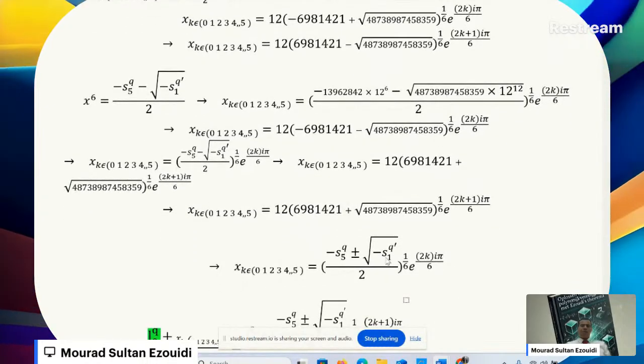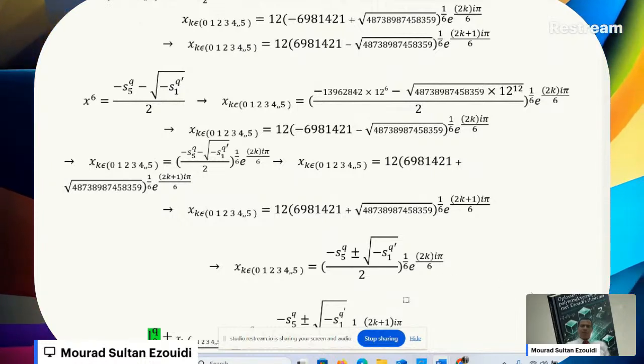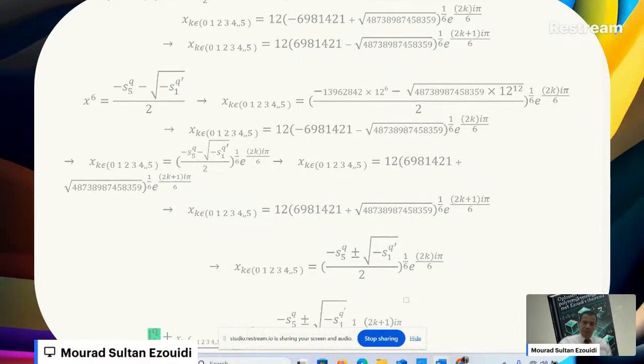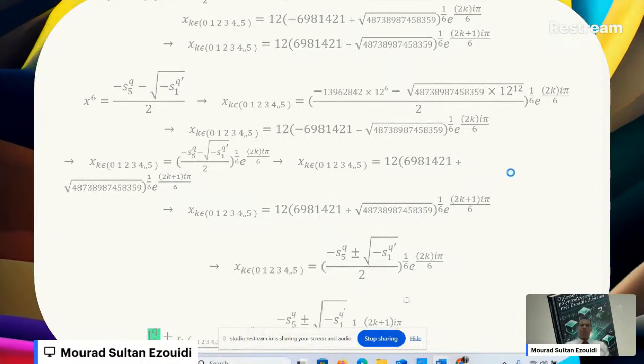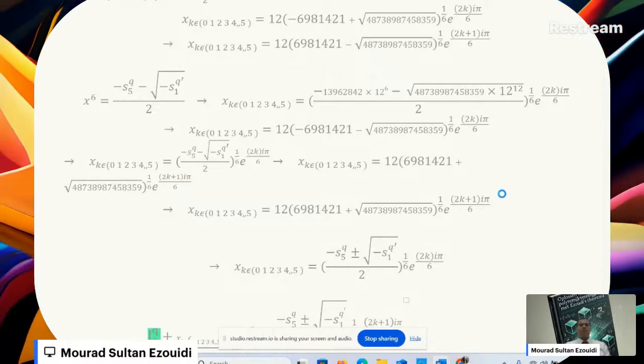So here I will summarize now. I'm going to find what? I'm going to find the value of, what is the formula? The value of alpha subscript k.